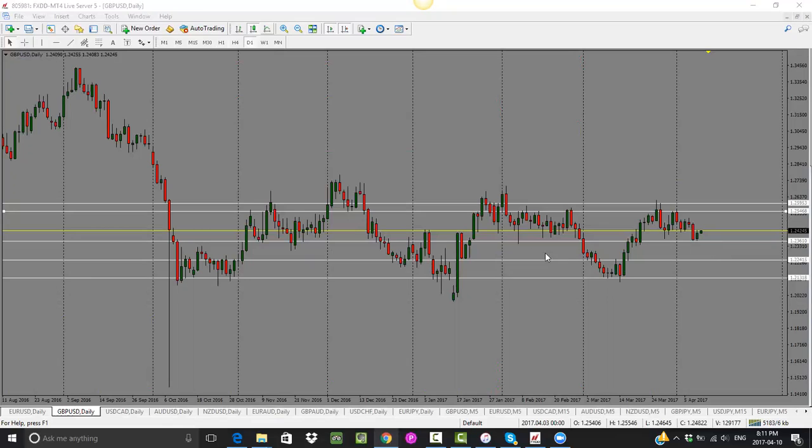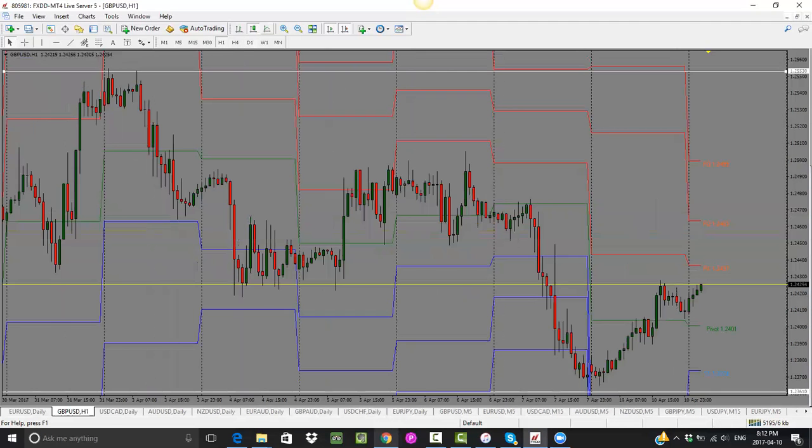But in terms of support and resistance levels, these look good. 123.60 is a good support level here, and 125.50 is a good resistance level. There is an intermediate one right here, 125.00, that could also come into play, but since we don't want to have too many lines, we'll just keep it at 125.50, and we'll watch it on a lower time frame to see how that plays out. So this is our 125.50.